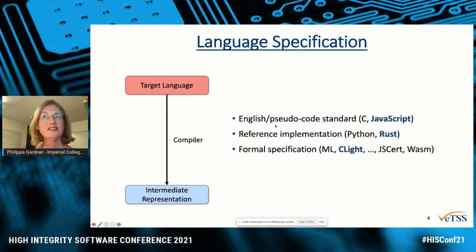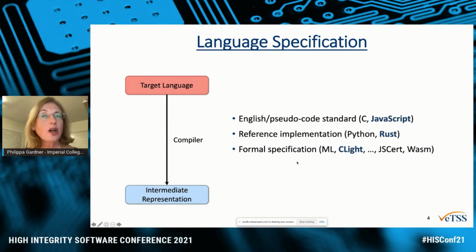There's English and pseudocode standards, and often quite standardized. The examples include C and JavaScript standards. There's a standard in the sense that the language is a particular implementation. And that's the way it works with Python and Rust.